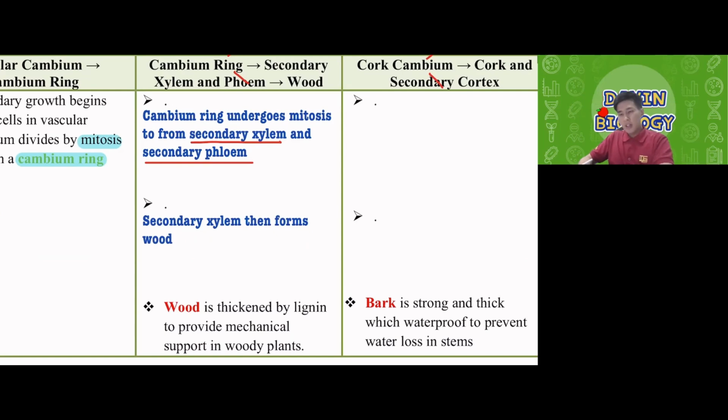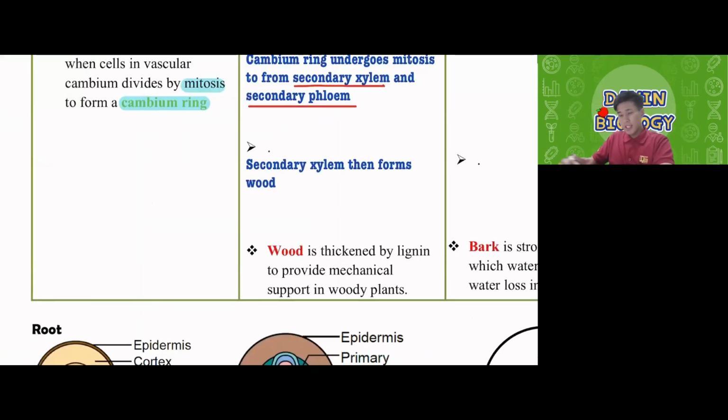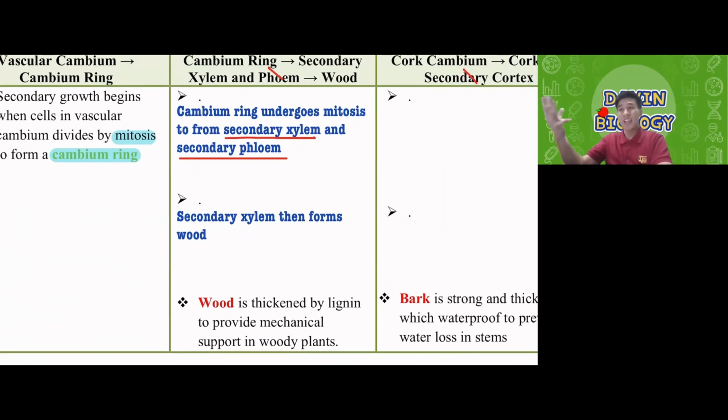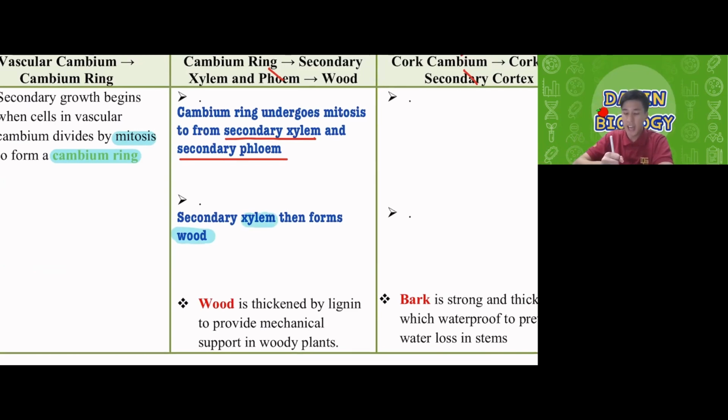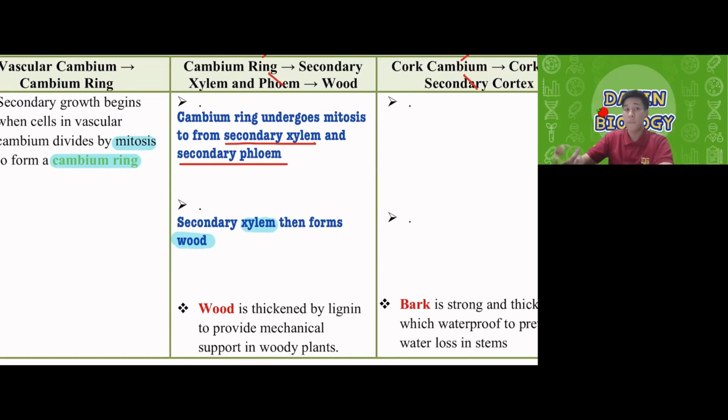So remember we said that only woody plants have secondary growth. That is because only through secondary growth you can form wood. Because only through secondary growth you will have secondary xylem, and then secondary xylem actually is made up of wood.